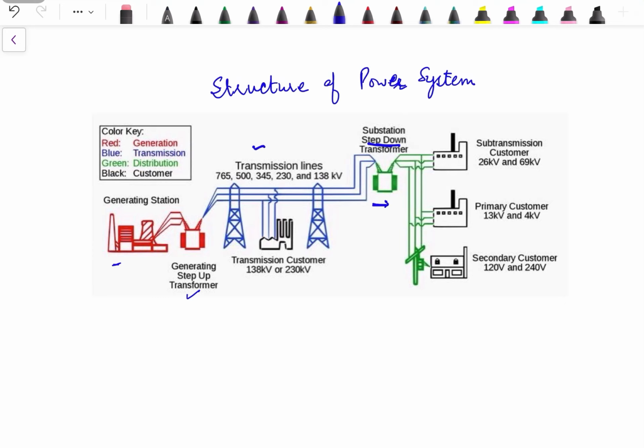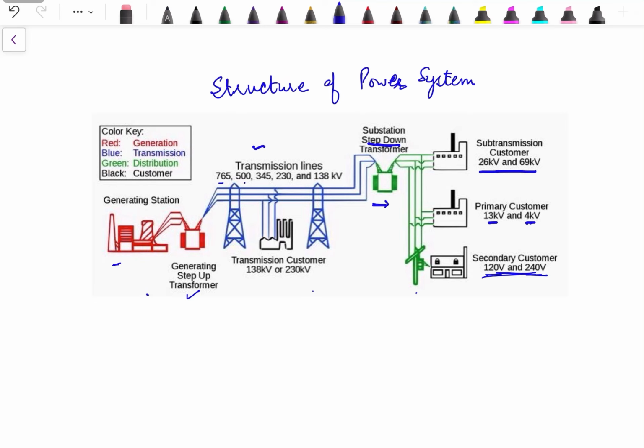So in a power system we have three basic steps: generation, transmission, then distribution. And then distribution is done at different voltage levels as per the customer requirements. We can have the voltage 26 kV or 69 kV, we can have 3 kV or 4 kV, and even 120 to 240 V, which is actually used at the domestic level, while the transmission is possible at 765 kV, 500 kV.